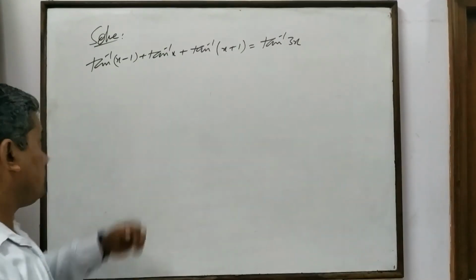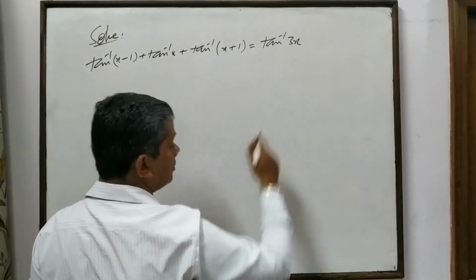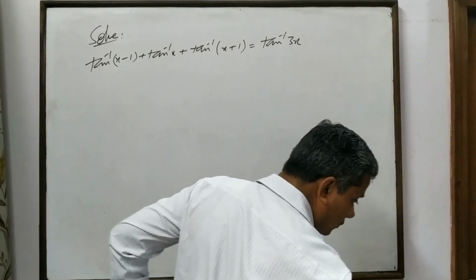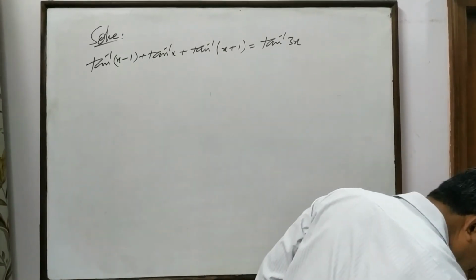Now you can see there are tan inverse involved. Take this tan inverse on the right hand side before solving. What you will get is tan inverse x minus 1, x plus 1.